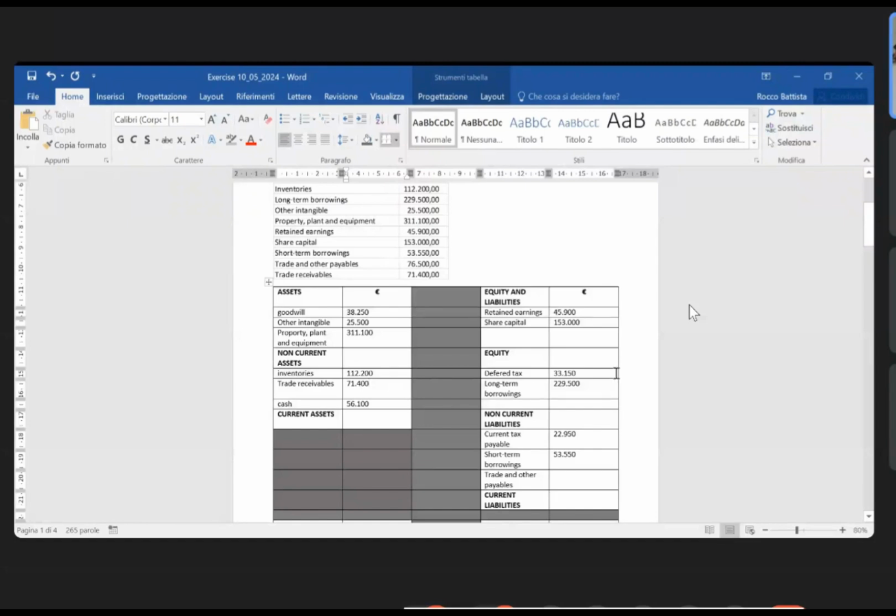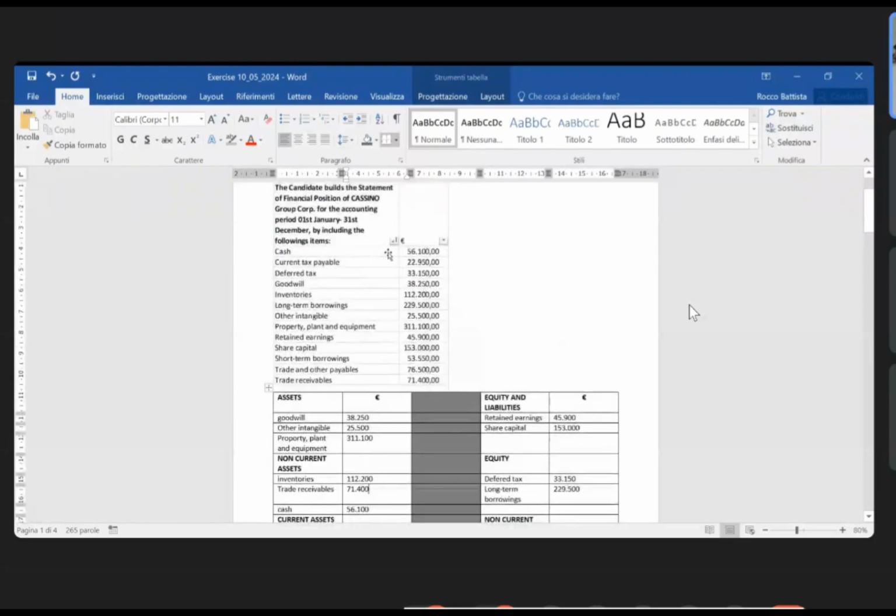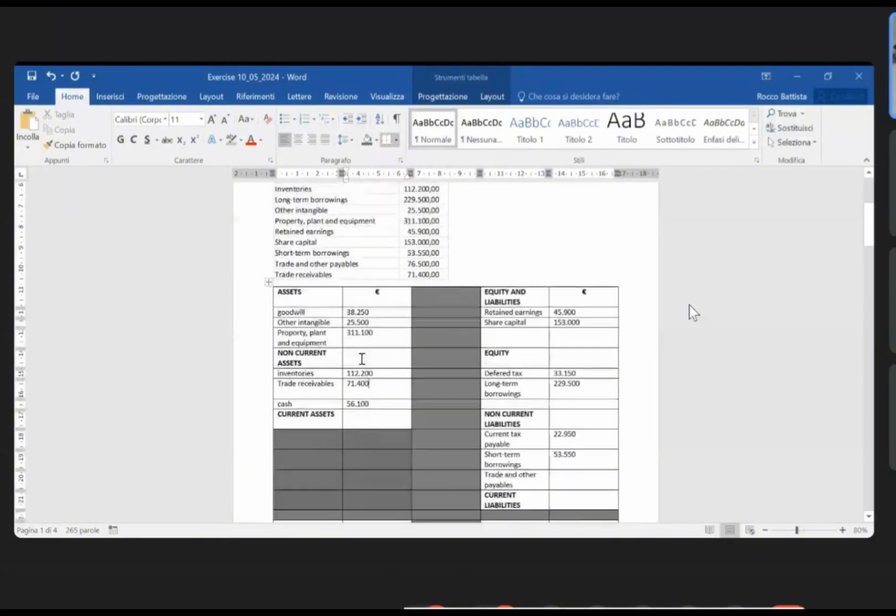Okay, now remember the rule. You put all your items inside. After that, you need to sum the non-current asset, the current asset, the equity, non-current liability, and current liability. Every time you have 5 subtotals. So let's start with this.